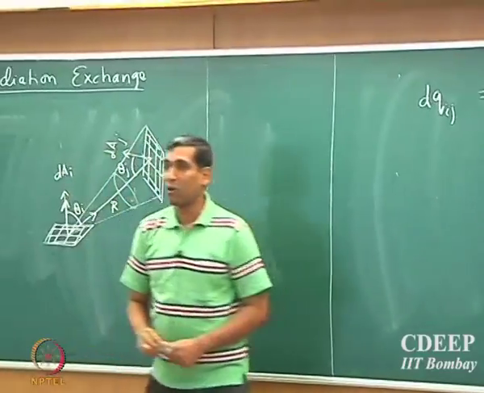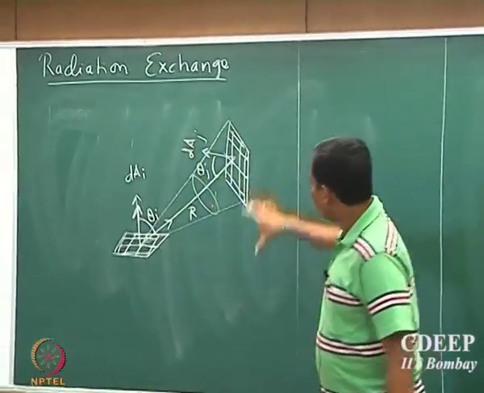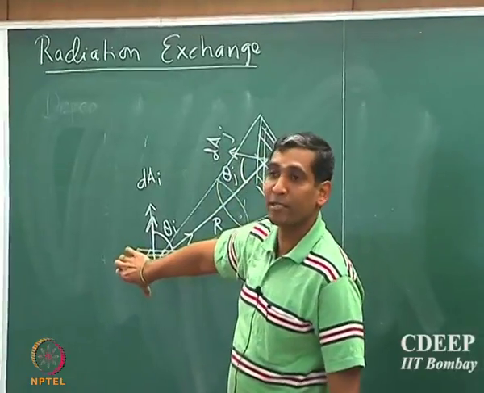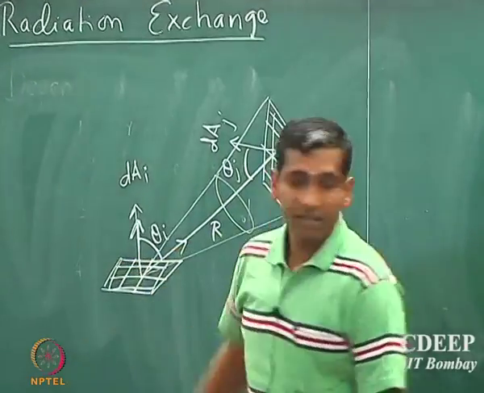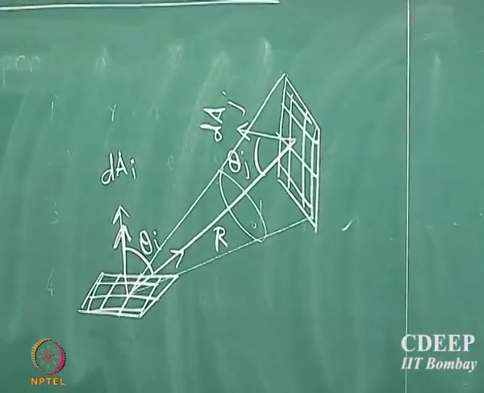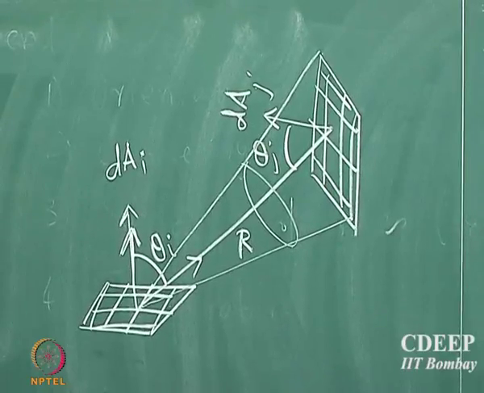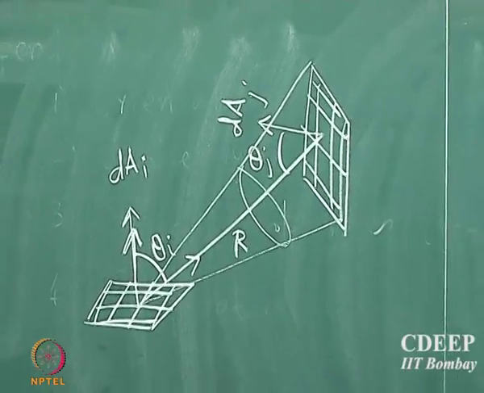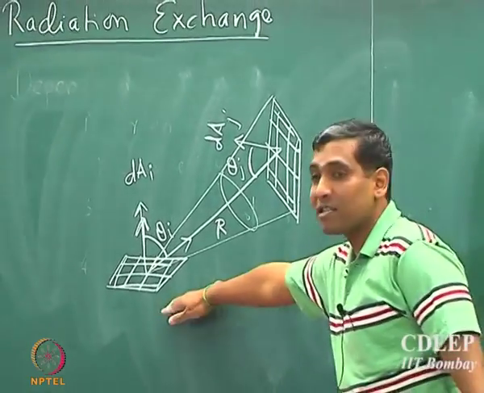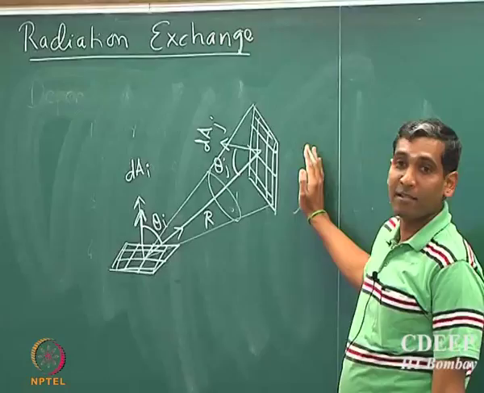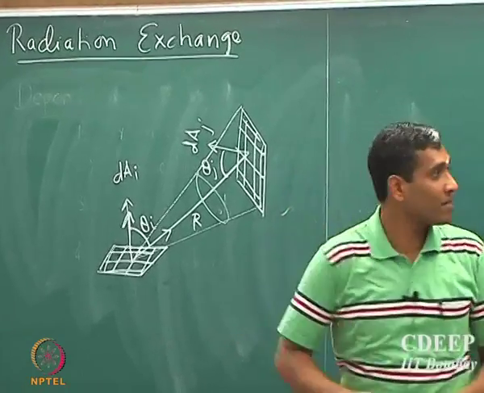So we need to find the solid angle subtended by the second surface at that point, and that solid angle multiplied by the rate at which the radiation is leaving will tell you the differential radiation emitted by this surface and received by the second surface.